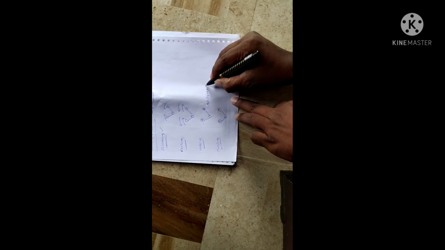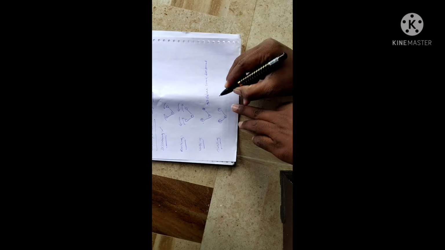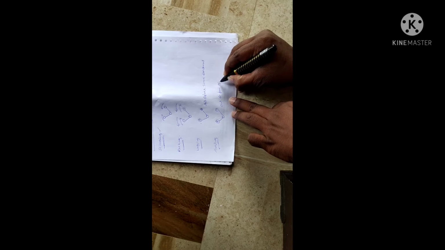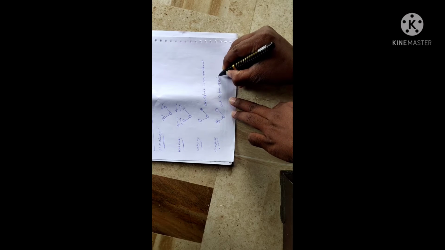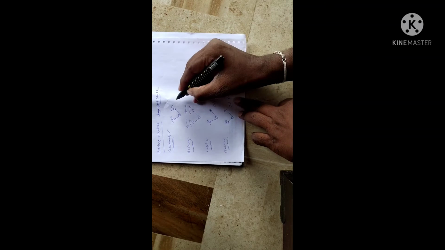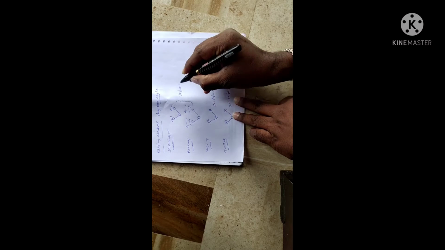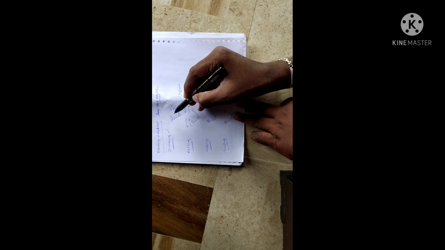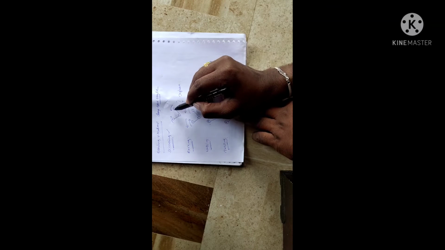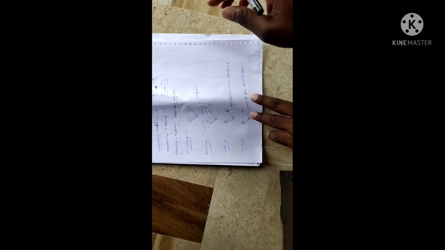Out of plane same direction is wagging, and out of plane opposite directions is twisting. These are in plane: in plane opposite is scissoring, and in plane same direction is rocking.